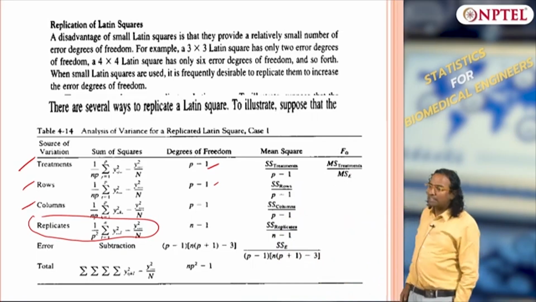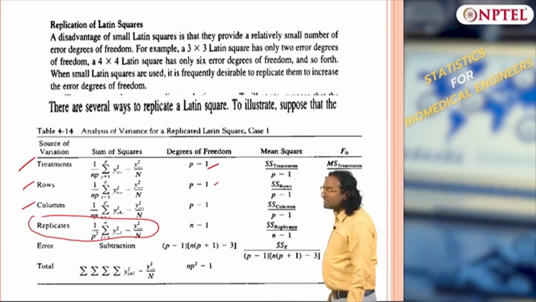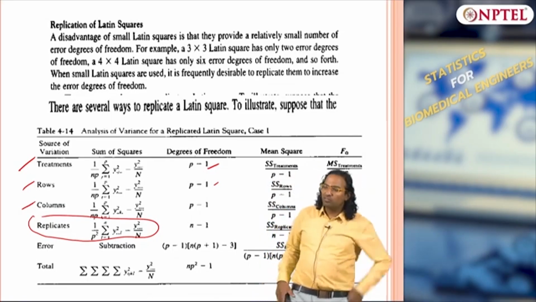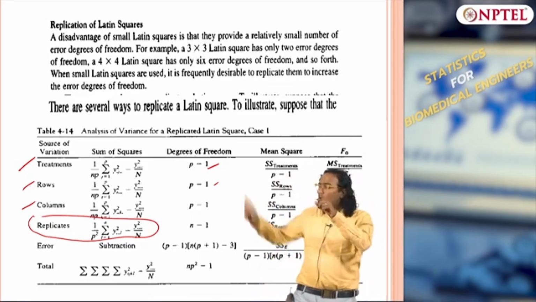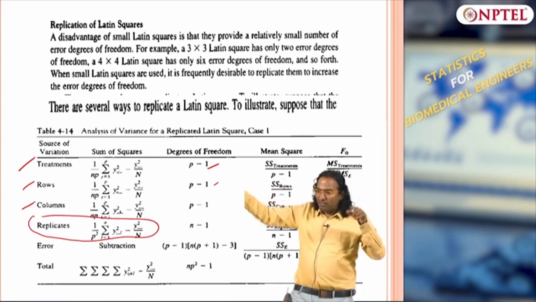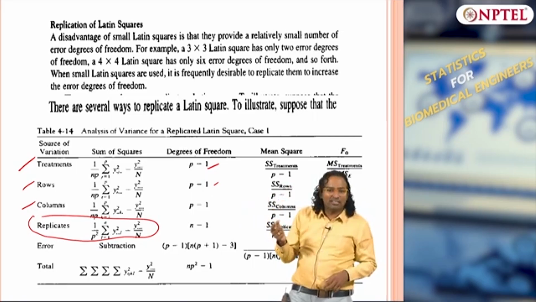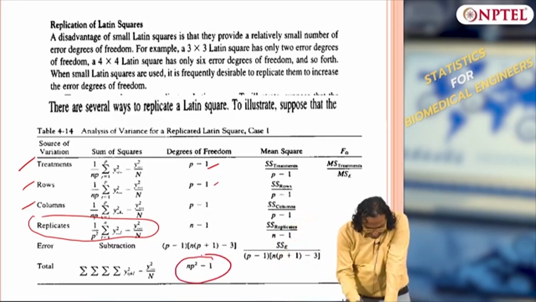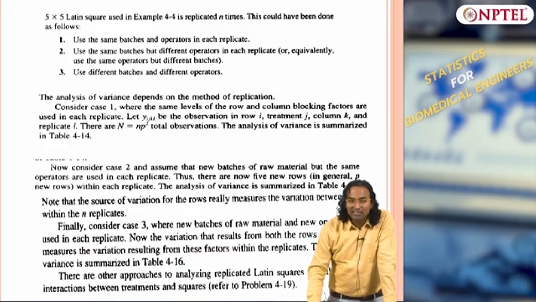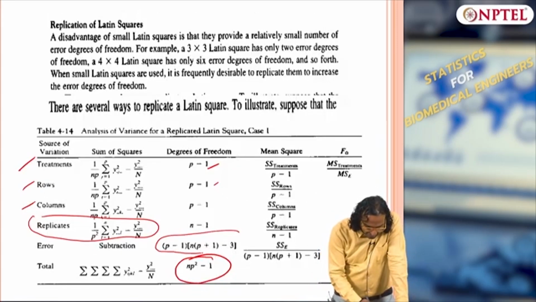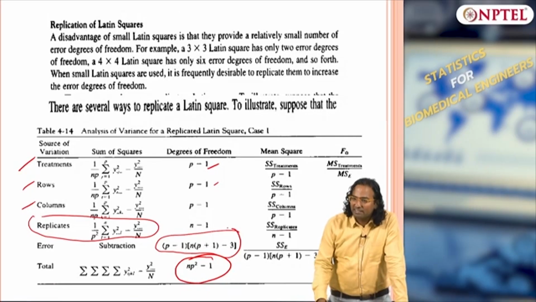But what is changing is that the total degrees of freedom have increased, from p squared minus 1 to n times p squared minus 1. So the total number of data points is n p squared and there is only one grand mean, so the degrees of freedom is n p squared minus 1. Notice this is where the change is, and this will affect your error degrees of freedom.